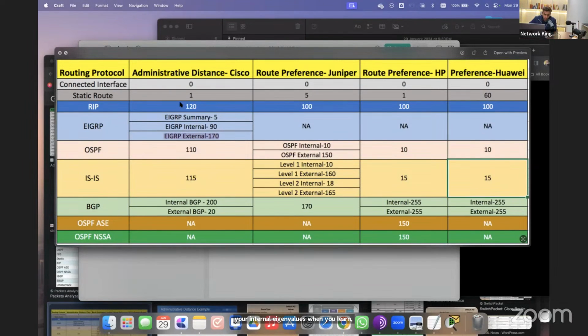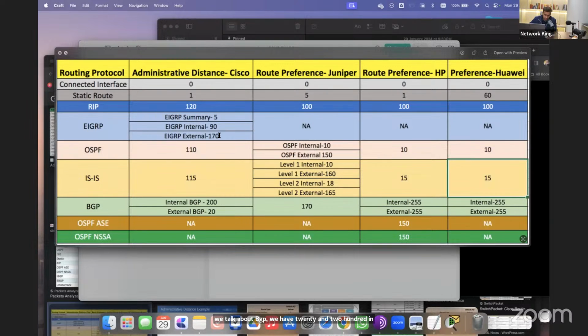Now, when it comes to RIP, which is another protocol, we have 120 in Cisco, Juniper has 100, HP has 100, and Huawei also has 100. When we talk about OSPF, 110 in Cisco, and Juniper takes internal 10 and external 150, and HP and Huawei also have 10. When we talk about BGP, we have 20 and 200 in Cisco. In Juniper, it is 170.